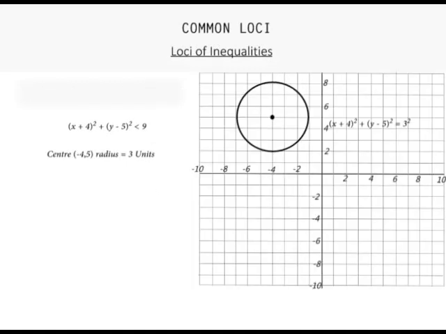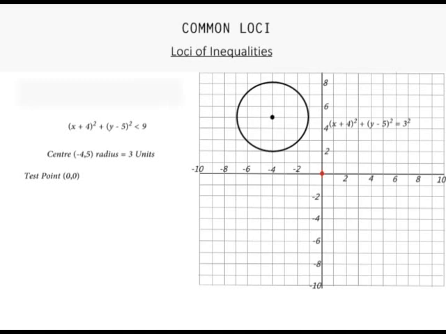We now need to know which side to shade, inside or outside the circle. We take a test point and substitute in the inequality. We take (0, 0). (0, 0) is outside the circle, so let's see if it falls within the required region.